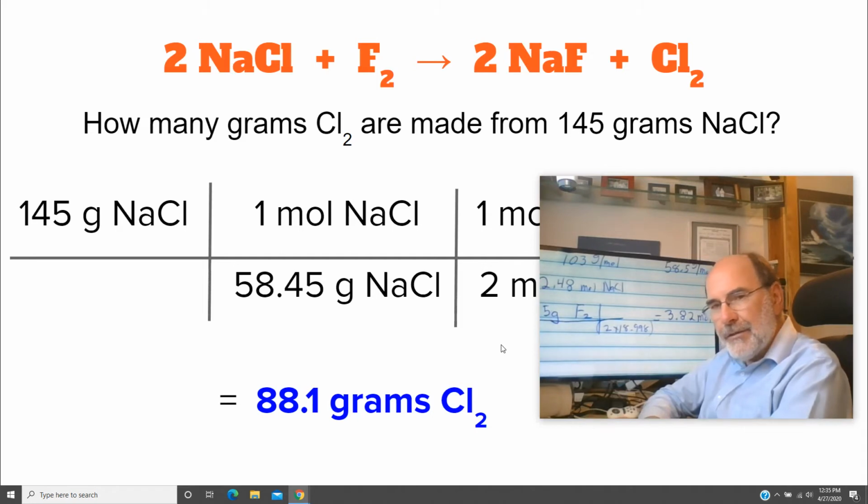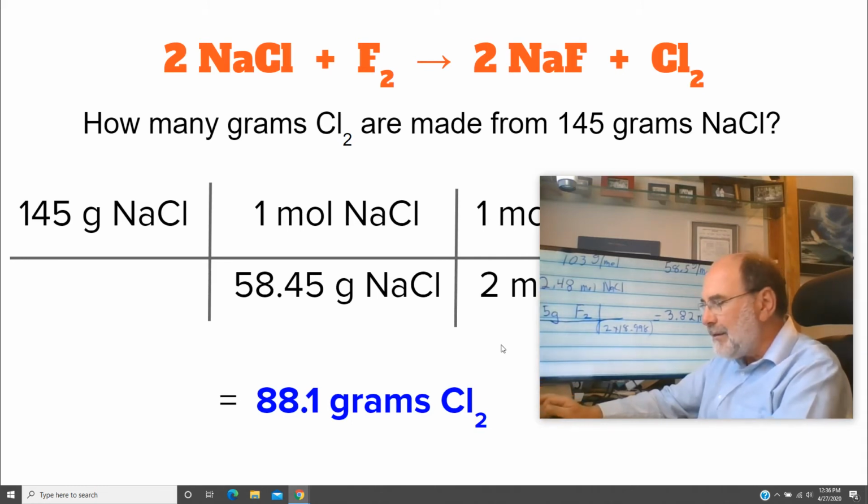So the calculation for this particular problem doesn't change if I told you that I only gave you 145 grams of fluorine gas at the beginning of this problem to start off with, because this shows that's way more than I need anyways. I only need half of 2.48.